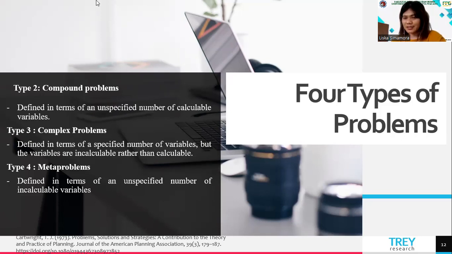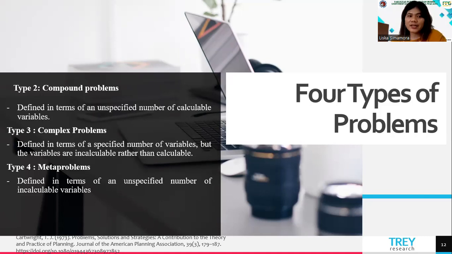What is the difference and what is the similarity between compound problems and simple problems? In simple problems, the number of the variables is specified. But for the compound problems, the number of variables is not specified, right?